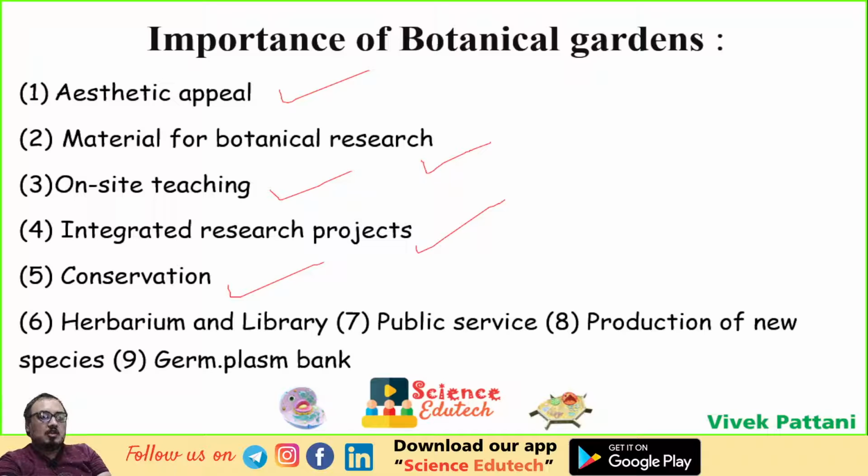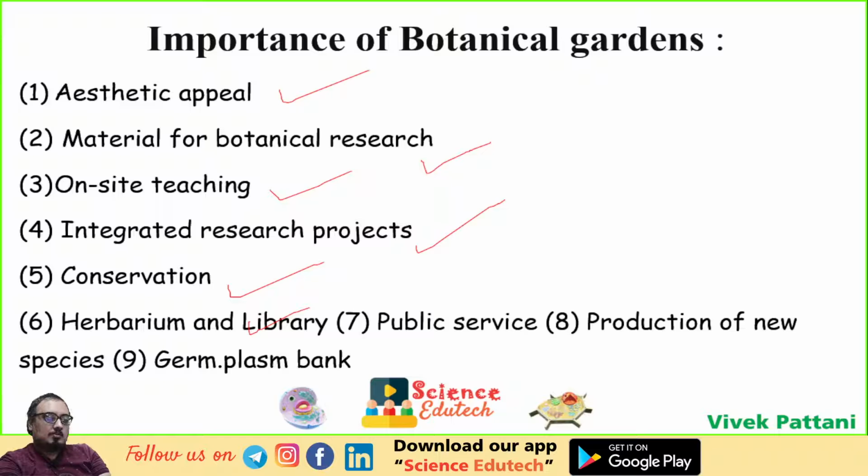Botanical gardens are now gaining increasing importance for their role in conserving rare and endangered species as well. Next one, herbarium. Several major botanical gardens of the world have herbaria and libraries as an integrated part of their facilities and offer taxonomic materials for research at a single place.